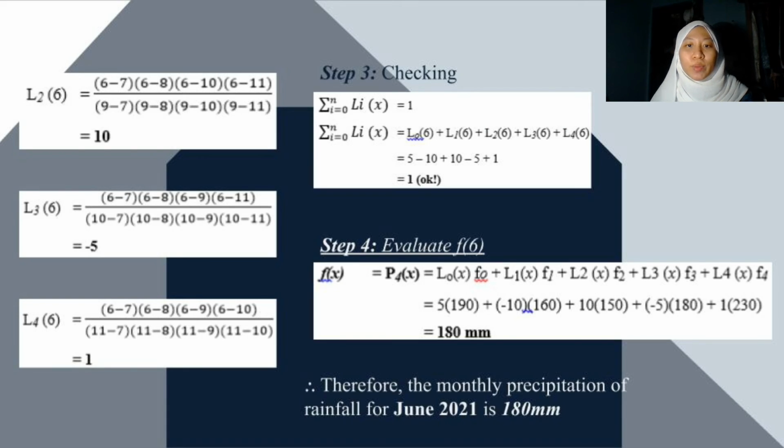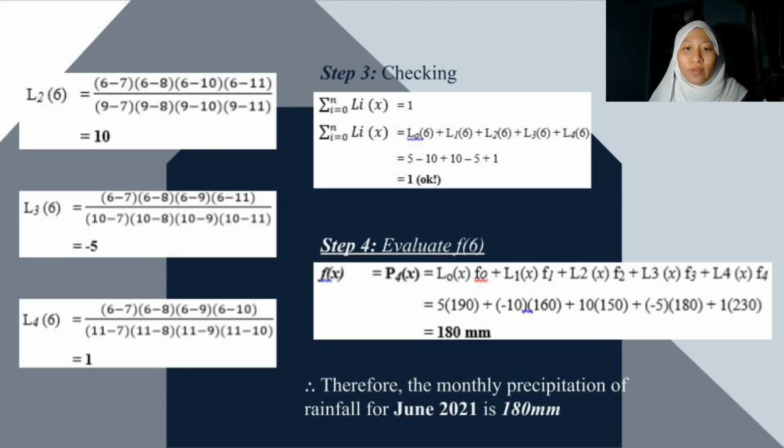After that, we proceed to step 3, checking. The formula is the sum of Li(x) equal to 1. So we sum up L0, L1, L2, L3 and L4. If it is equal to 1, it means the calculation is okay.